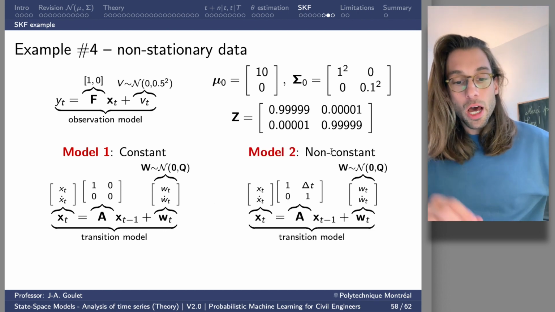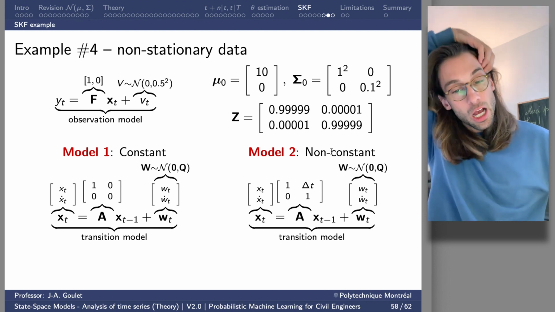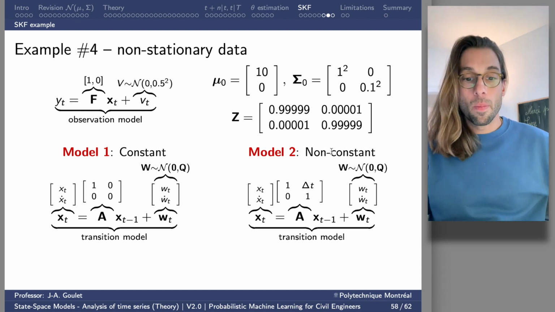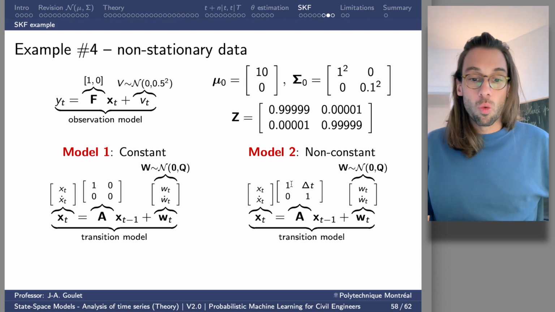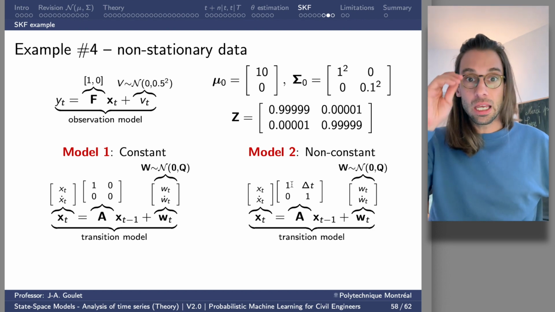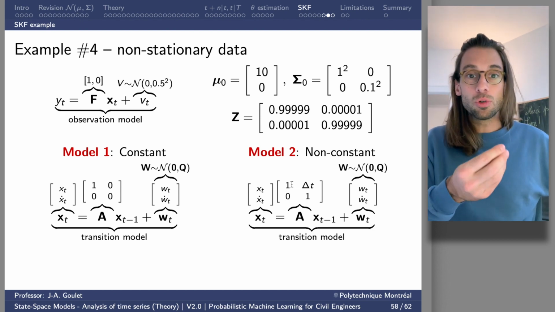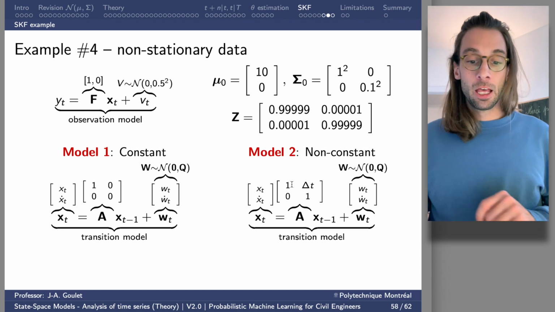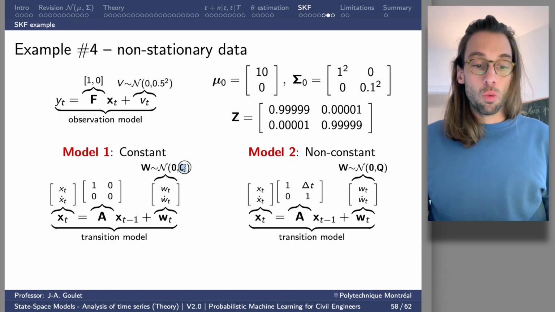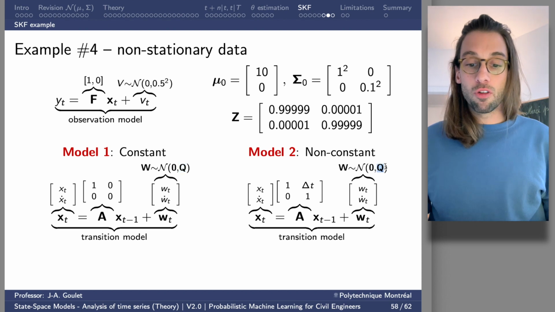For my second model, I'm going to assume that the speed is constant, so my transition matrix is like this, the one we've usually seen: 1, delta t. So my x_t, the temperature at time t, is the temperature at time t minus 1 plus the speed at time t minus 1. And I have my Q1 and my Q here for model 2.